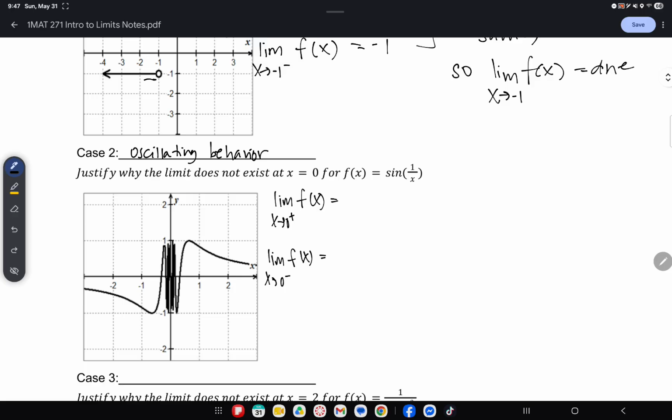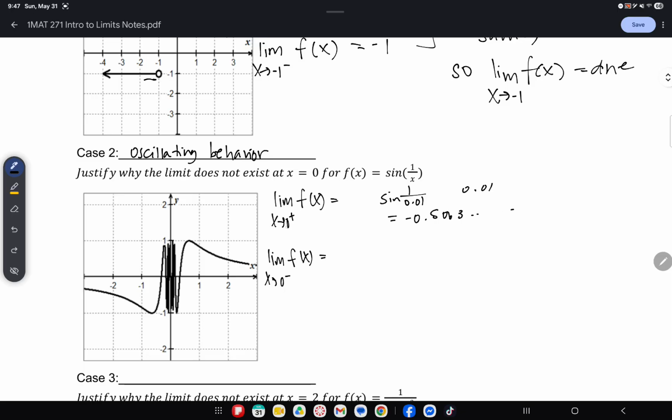And it's hard to see here, but what's happening at 0 is it's going up and down, up and down, up and down. And so if I pick something from the right of 0, let's say I substitute in something like 0.01, right? That's close to 0 from the right side. We'd have sine of 1 over 0.01. And if I plug that in a calculator, I get -0.5063. It's a long decimal, it keeps going.